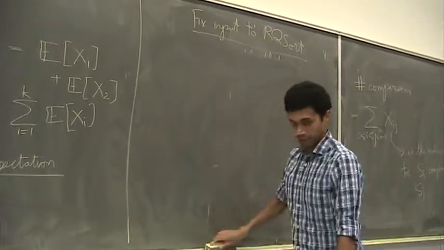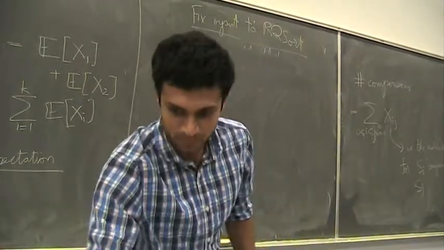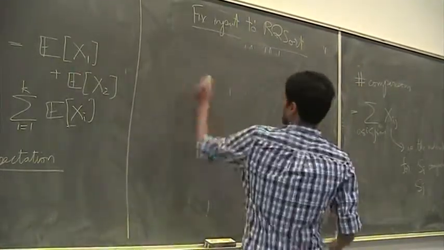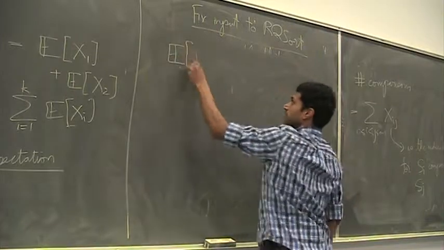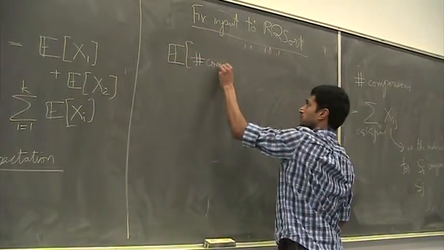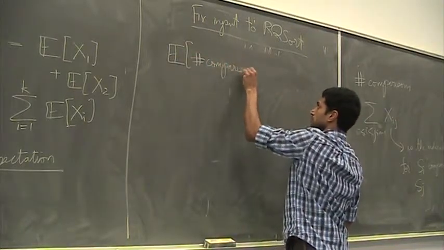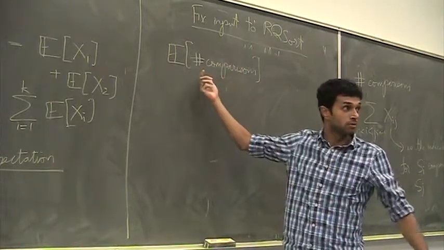So now you watch the magic. Now this is where rabbits start popping out of hats. So you say, okay, what is the expected number of comparisons? Because this is really what you cared about.